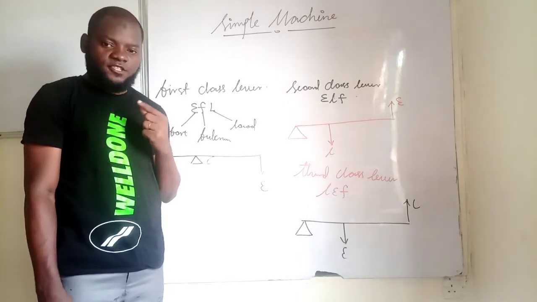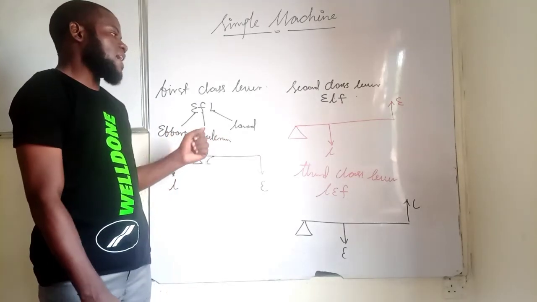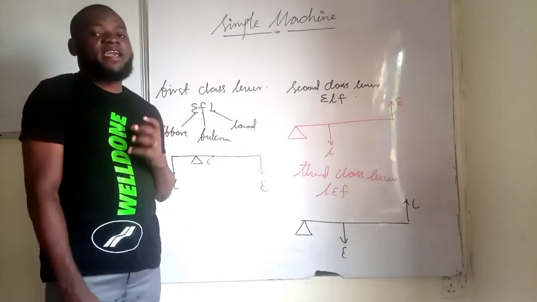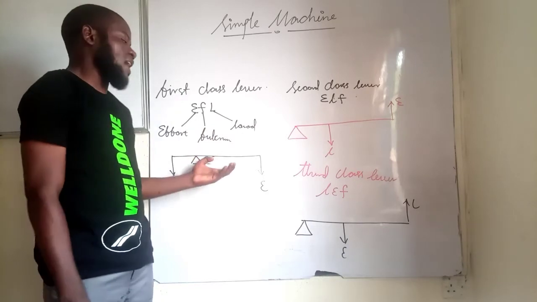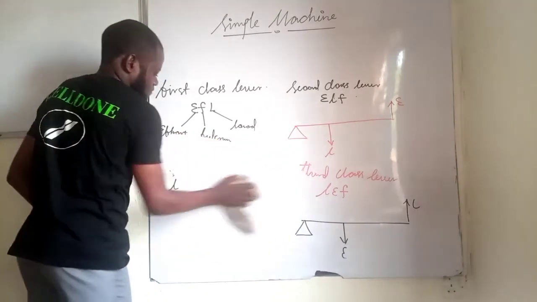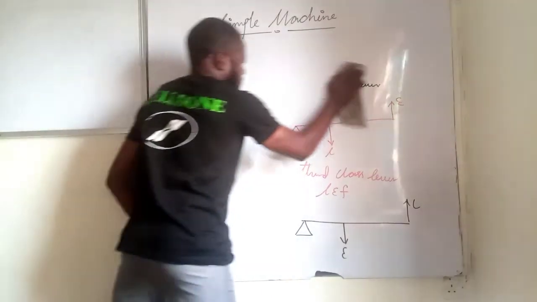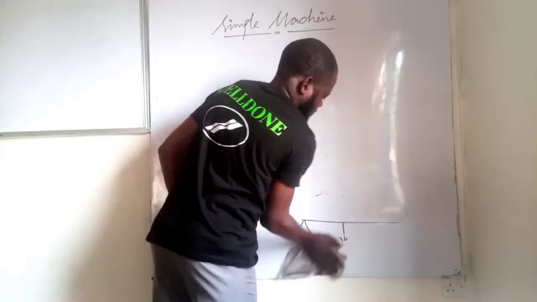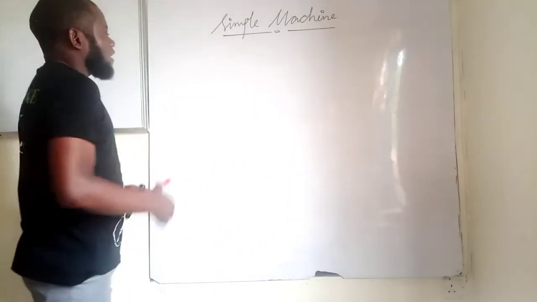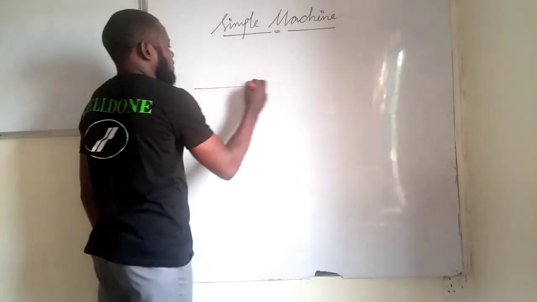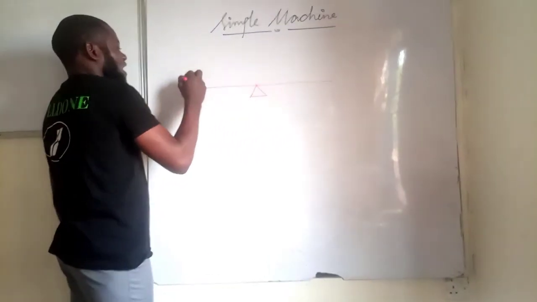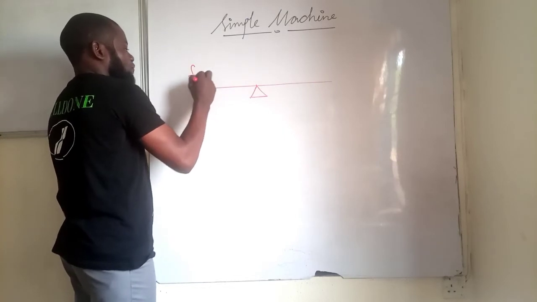But before we go into another type of machine, I would like us to consider how to calculate some examples or some questions that involve levers. Okay? So now let's take for instance that I'm given a lever, and here is the fulcrum. So I have here to be my first input.